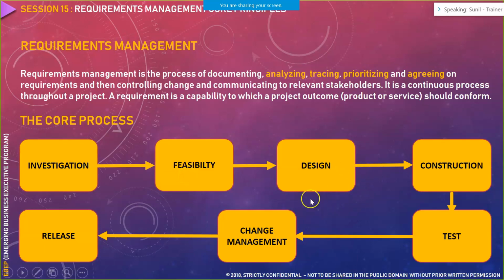Then we go about designing the artifacts around those requirements, and then the development team starts constructing that requirement. After that, they do testing of that requirement, and then the requirement is released to the end customer through their user acceptance testing.